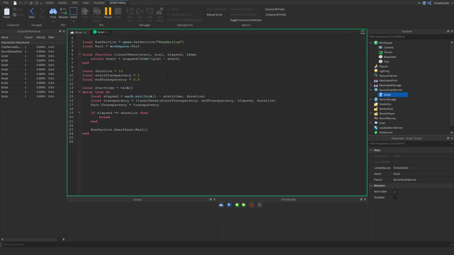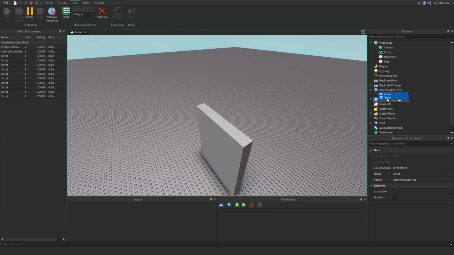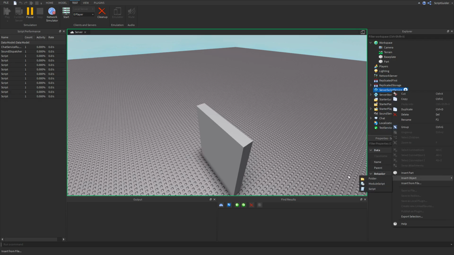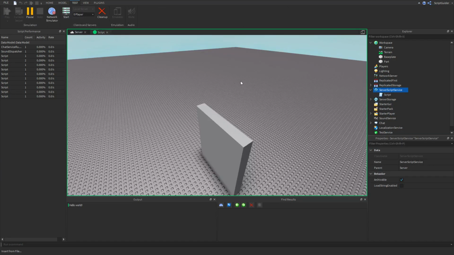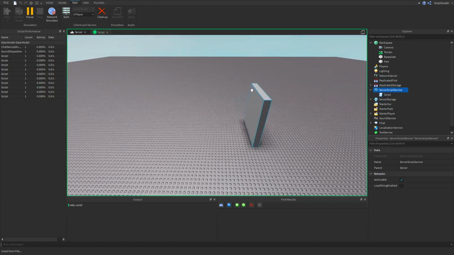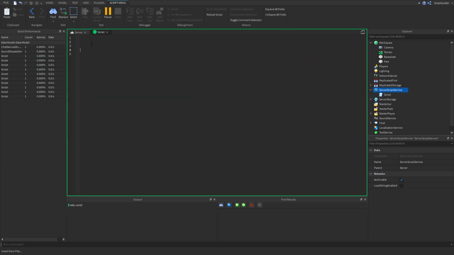So let me get, I'll just put that in here, and there we go. Okay, so what I'm talking about is, if you just want to make something, I already went over this, spin or move, basically do the same thing over and over again, but in a smooth animated way.